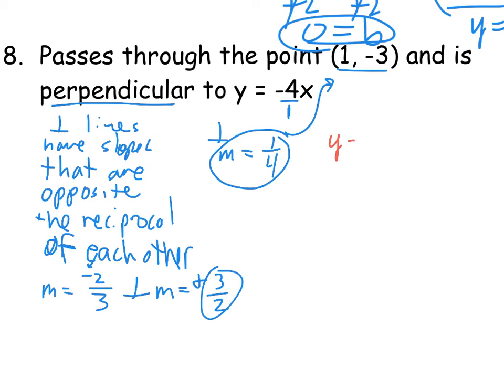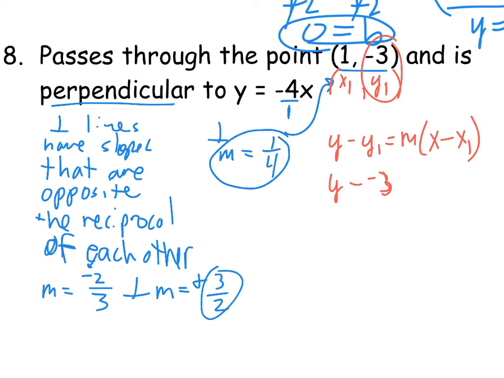So I'm going to say y minus y sub 1 equals m times x minus x sub 1. And then just plug everything in. Now we're not plugging anything in for the x and y, just x sub 1. This point would become x sub 1, y sub 1. Okay? So this is going to be y minus -3.